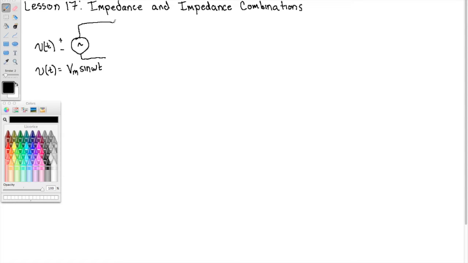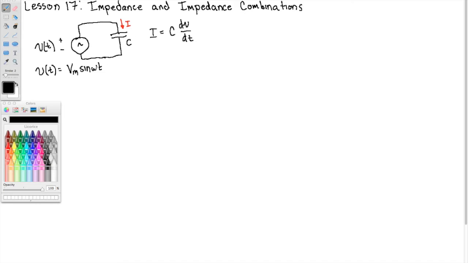And we've got that voltage source connected to a capacitor this time. And we want to know what's the current through the capacitor. Well, we said that the current through a capacitor is C dV dt. I equals C dV dt, right?